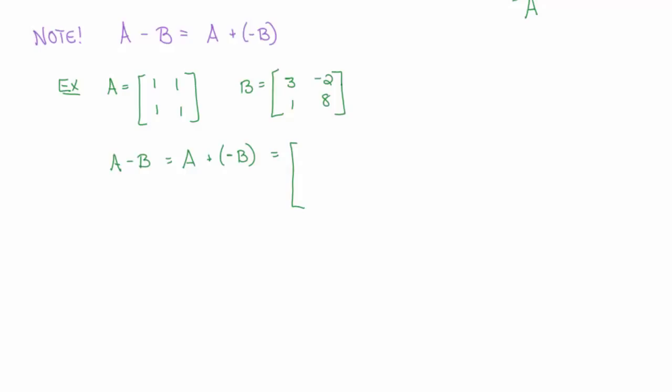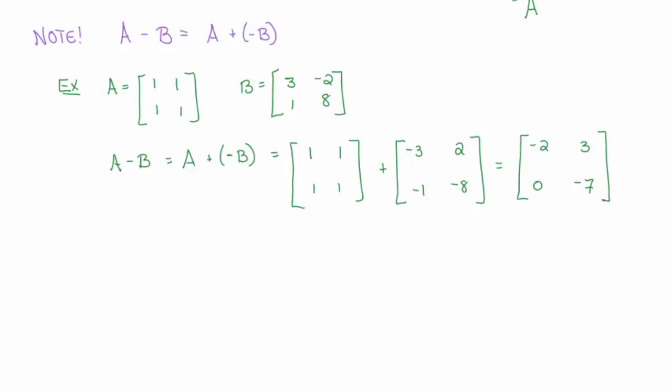So this would be A, which is 1, 1, 1, 1, plus the opposite of B. So I'm going to swap all those signs in there. So I have a -3, a +2, a -1, and a -8. And now we can just do traditional element by element addition here. So you get a -2 and a 3 and a 0 and a -7.